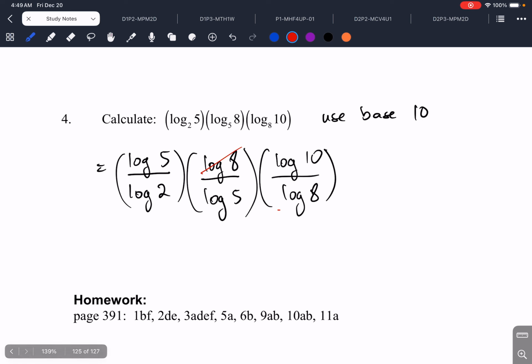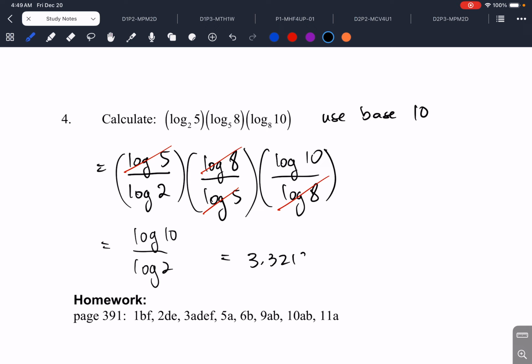Log 8 on the top cancels with log 8 on the bottom. Log 5 and log 5 cancel, and you're left with log 10 over log 2. And log 10 is 1, and 1 over log 2 gives the decimal answer, which will be 3.3219 approximately.